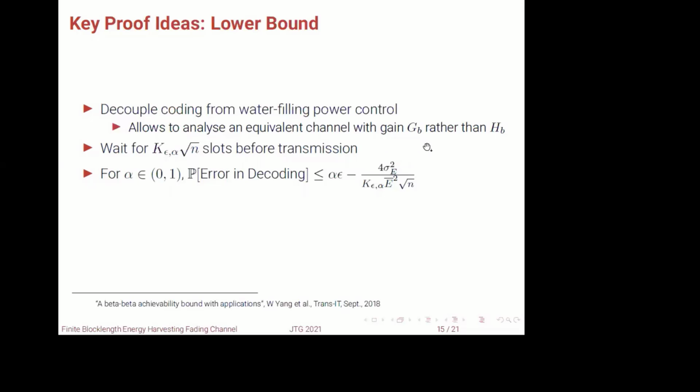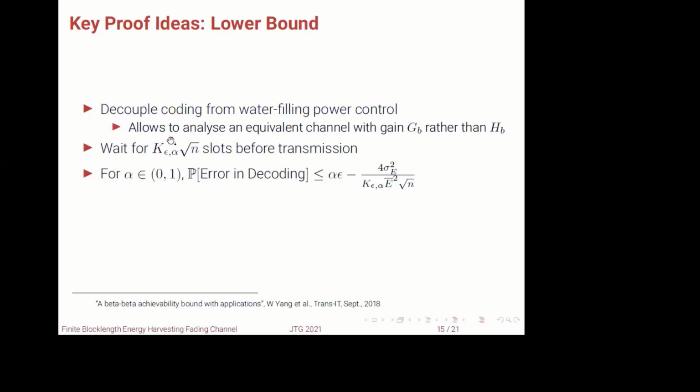Recall that GB is the SNR, so it has the power allocation term also in it. Once you have that equivalent channel, you are able to choose code words from a sphere of an appropriate power, and then we can work with that. So this actually gives a convenient way to analyze the problem.